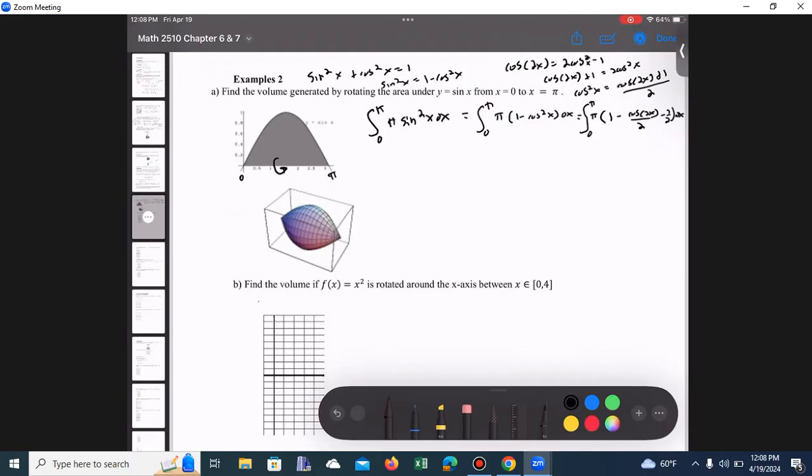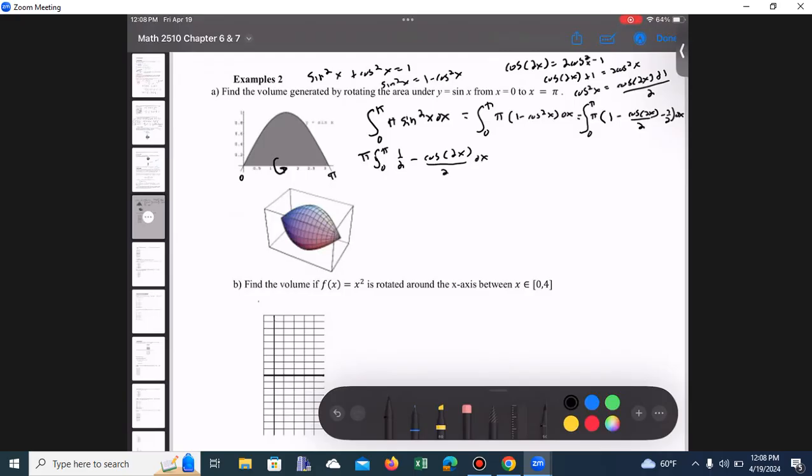Okay, so now I'll rewrite this one more time. 0 to pi of pi, I'm going to bring the pi outside. Then 1 minus 1 half is going to be 1 half minus cosine 2x over 2 dx.